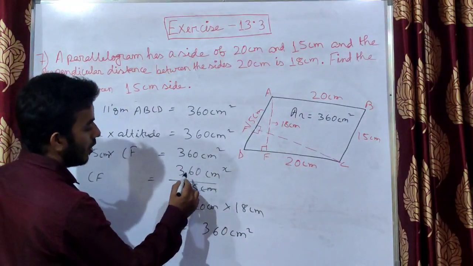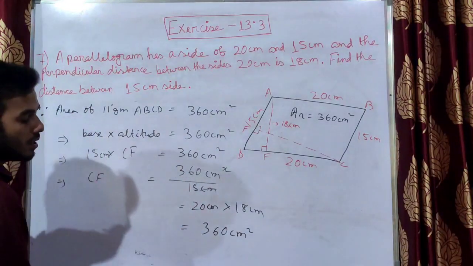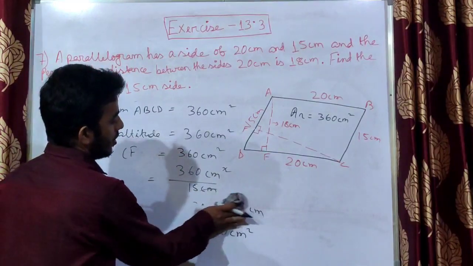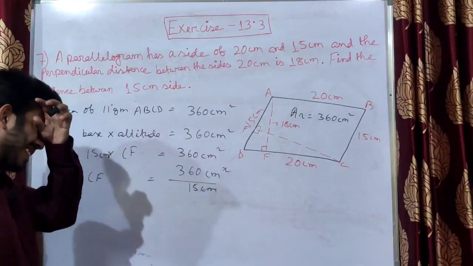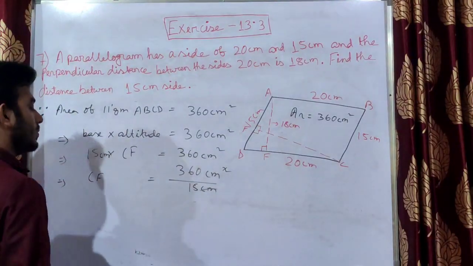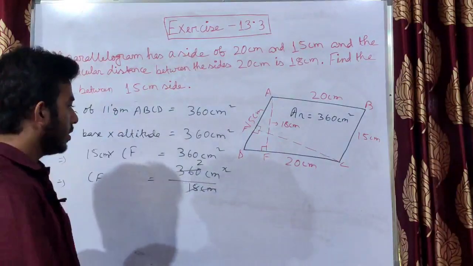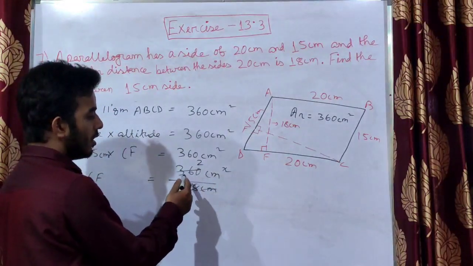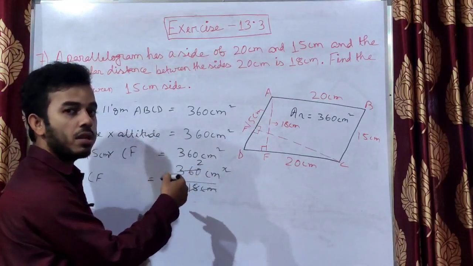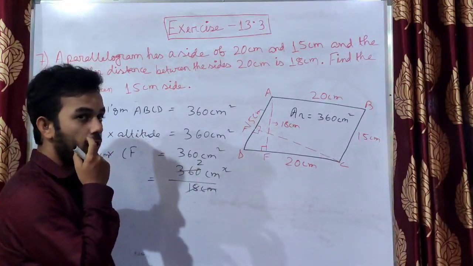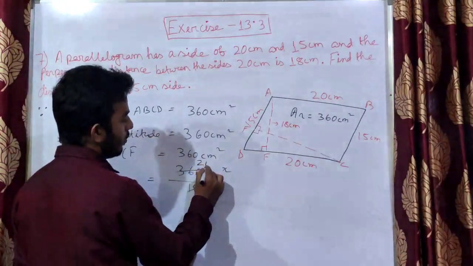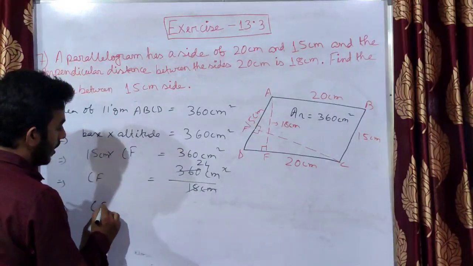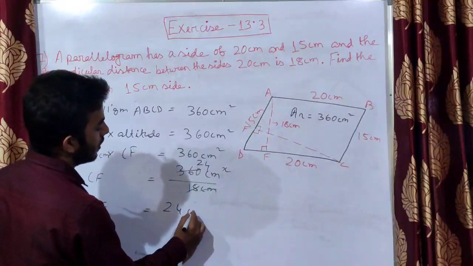Then we cancel 15 with 360. 15 into 2 is 30, remainder 6, then after 6 there is 0, so 60. 15 into 4 is 60, right? So the length of CF equals 24 centimeter.